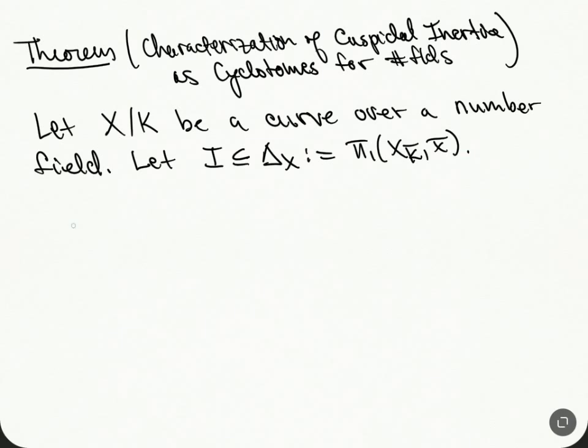Then we have the following statement: I is a cyclotome if and only if there exists some x which is a cusp of X. Again, I'm using the notation that this is the complement and the compactification.